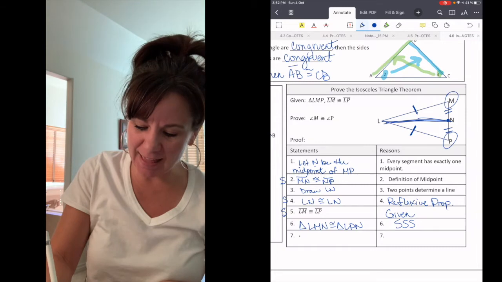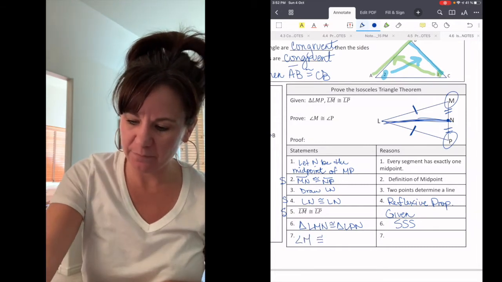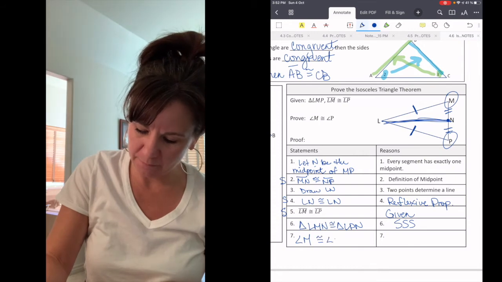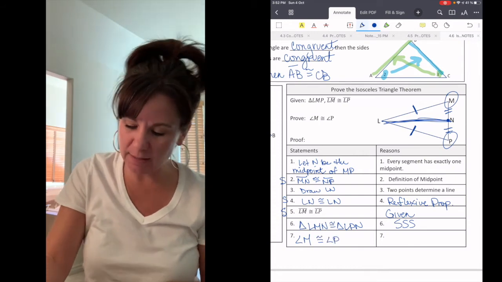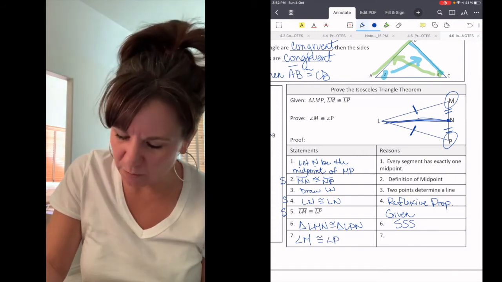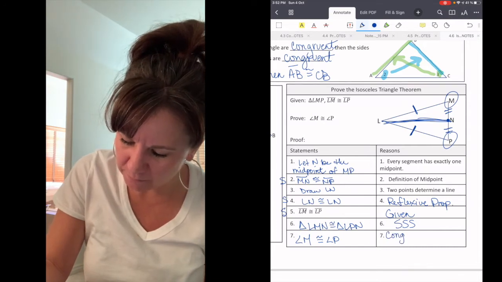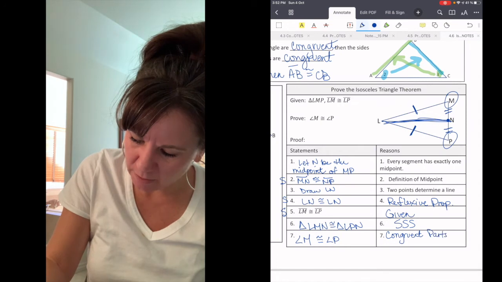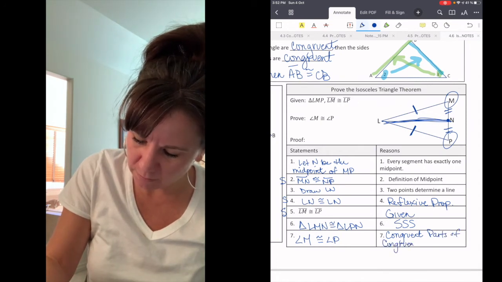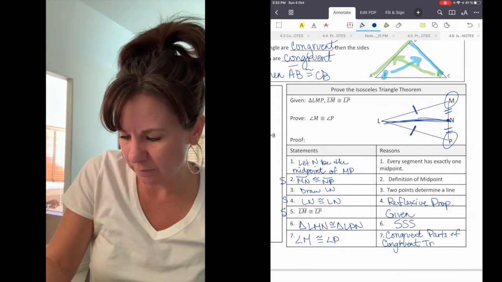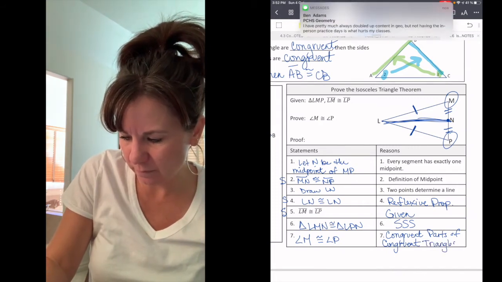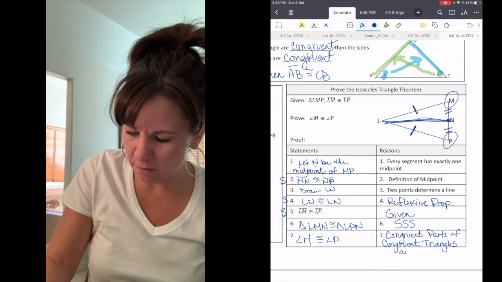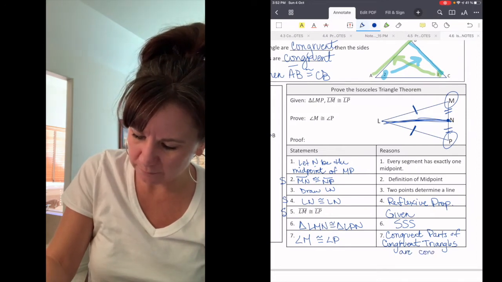So we can say that angle M is congruent to angle P because, and this is going to take a second to write, congruent parts of congruent triangles are congruent.